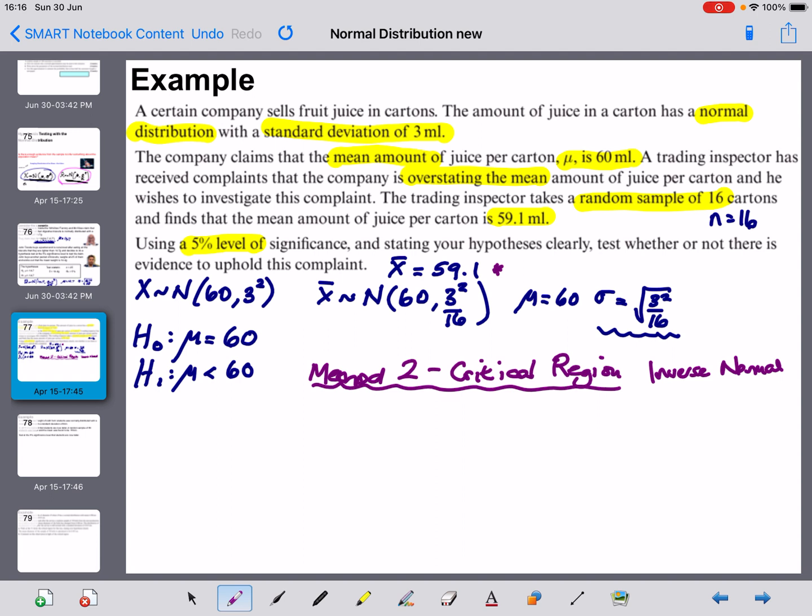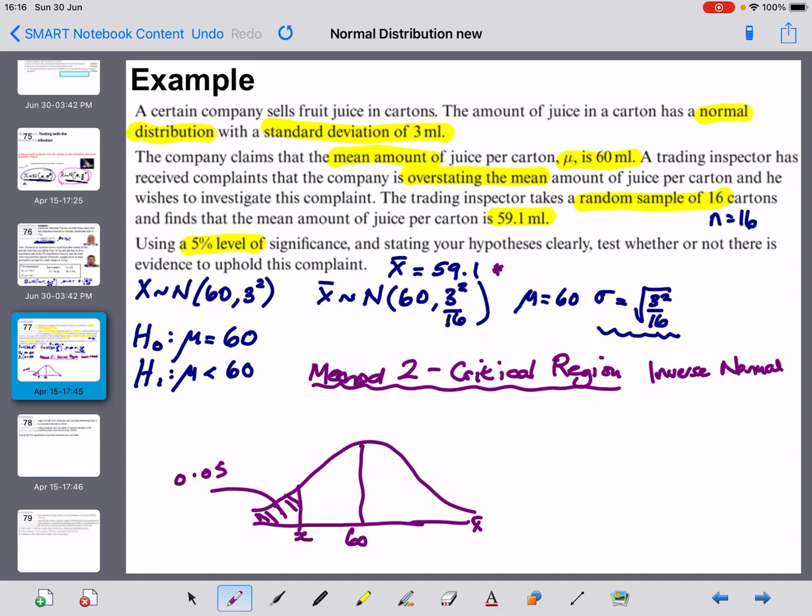So if I draw a little normal distribution curve, there's my mean. My mean is 60. And we're saying, this is x bar here, we're saying what value, I'll just call it x, would have to be there such that that is 5%.